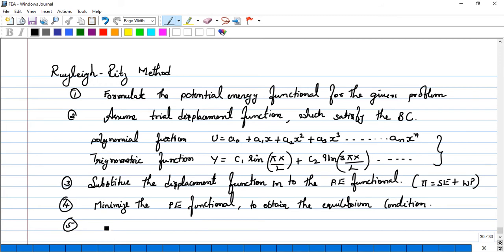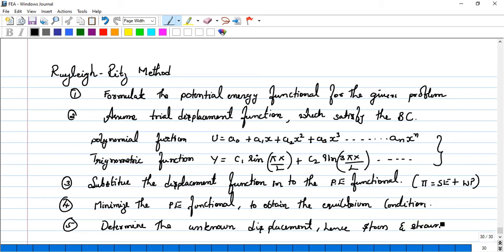The final step is to determine the unknown displacement, and hence using this displacement we can calculate stress and strain. So this is the RR method.